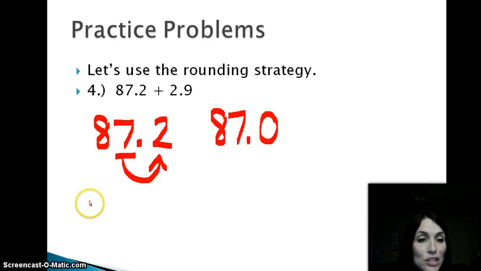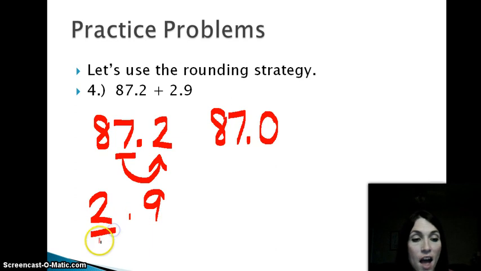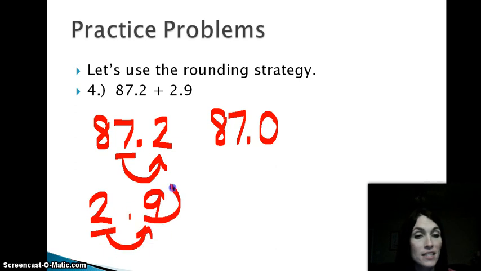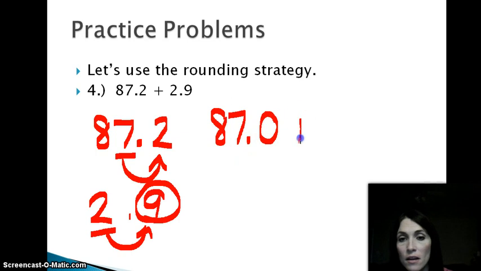All right, so let's look at 2 and 9 tenths. Okay. I'm going to underline my 2. I'm going to go to the tenths column right behind. 9 is 5 or above, so I have to give the 2 a shove, and it is going to become a 3, and everything behind it is zeros.